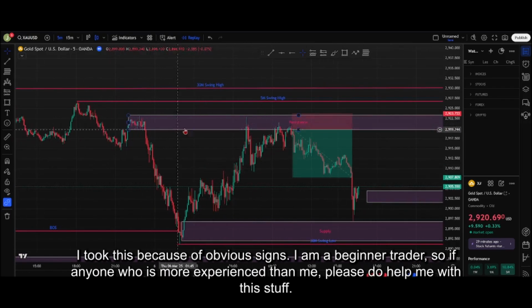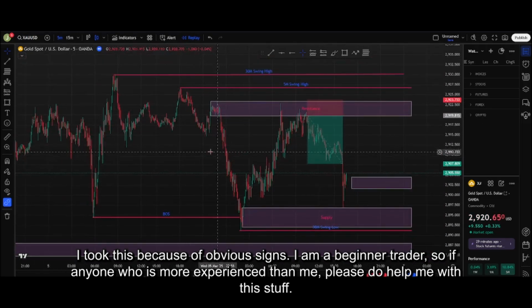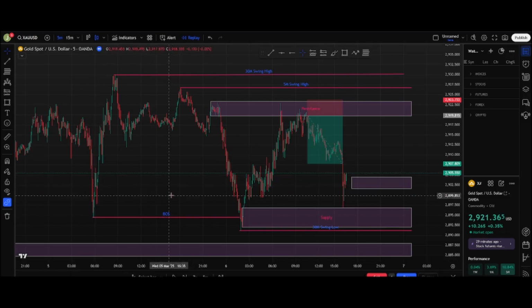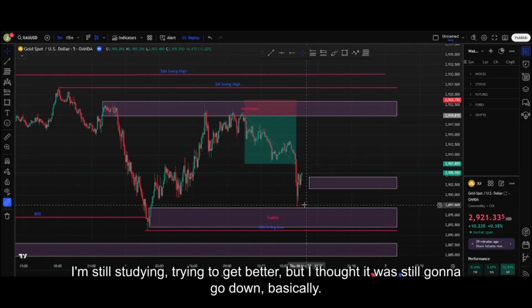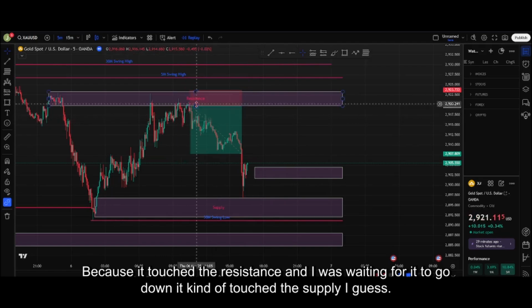I took this because of obvious signs, I would say. I am a beginner trader, so if anyone is more experienced than me, please help me with this stuff. I'm still studying, trying to get better, but I thought it was still going to go down because it touched the resistance and I was waiting for it to go down.